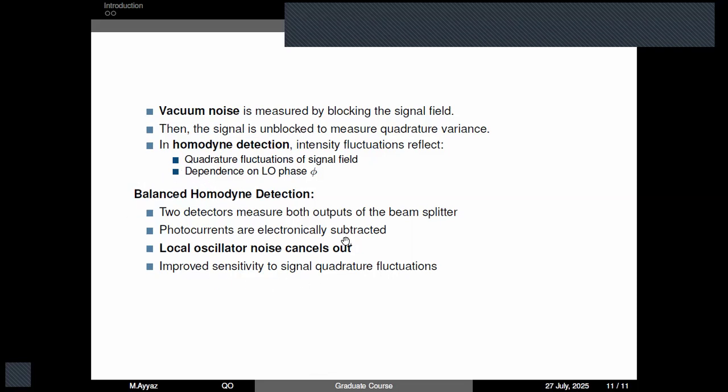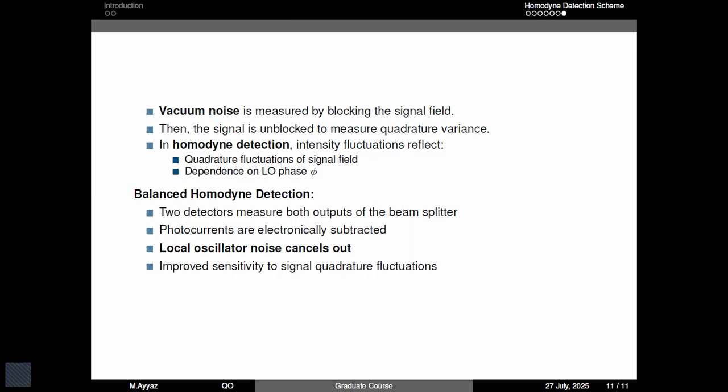We have another homodyne detection technique called the balanced homodyne detection scheme, in which we have a beam splitter. After getting two outputs from the beam splitter, we can detect the photocurrents on the two outputs, and we can subtract the results of these two photodetectors.